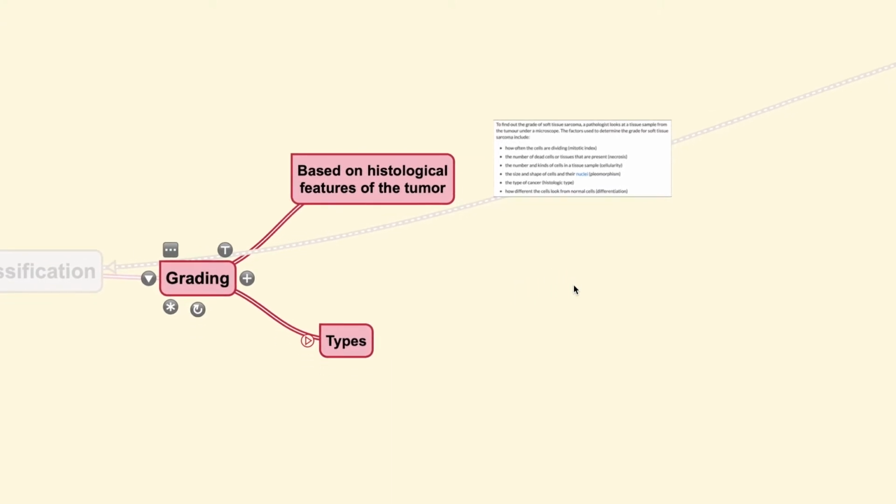Grading is based on the histological features of the tumor. So you cannot grade a tumor unless you have performed a biopsy and found out about the histological features of the tumor itself.